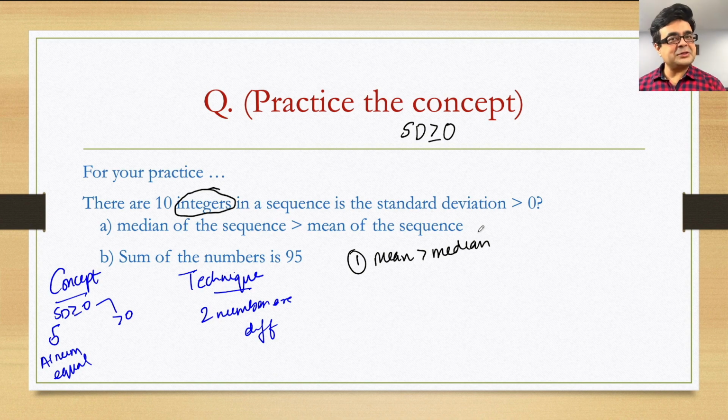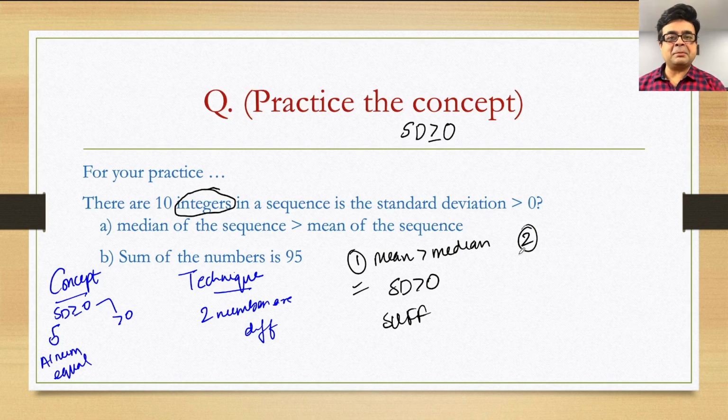The only way that is possible is if there are at least two numbers that are different, which means all numbers are not equal, which means that standard deviation has to be greater than 0, because equality is not possible. Standard deviation cannot be equal to 0 because all values are not equal to each other, and hence this statement is sufficient to answer the question. So we know that 1 is sufficient to answer the question.